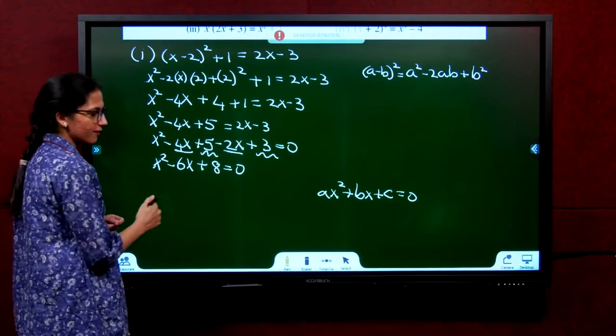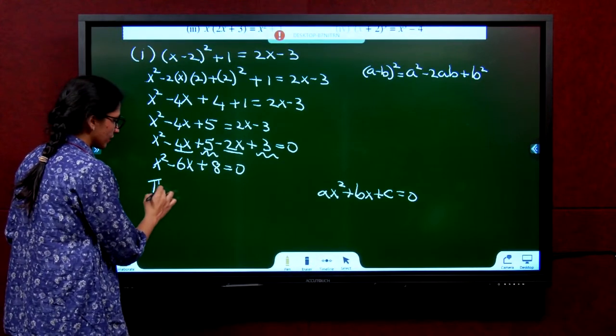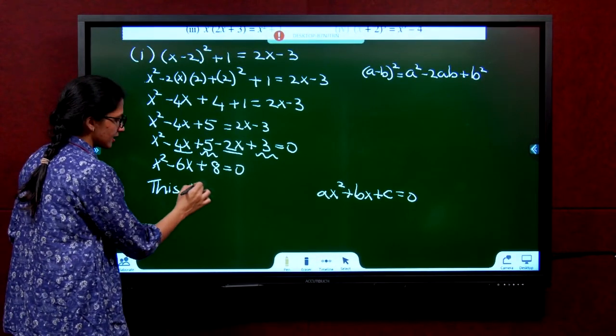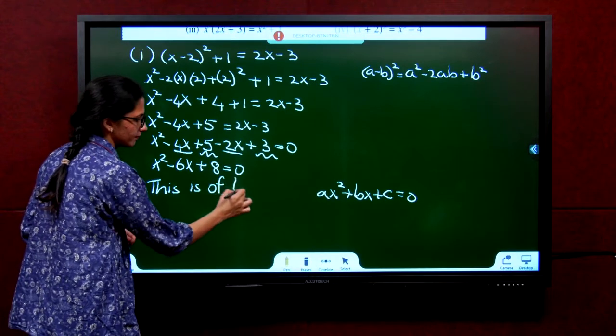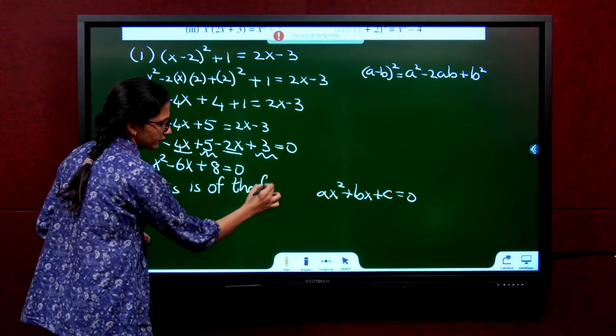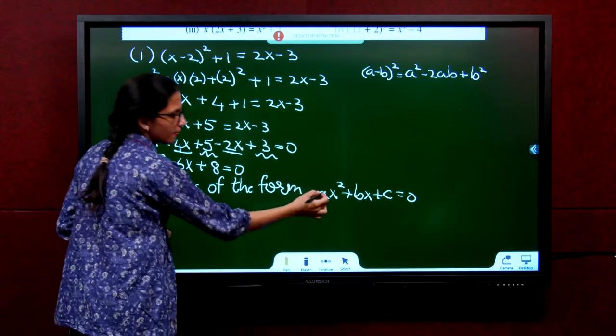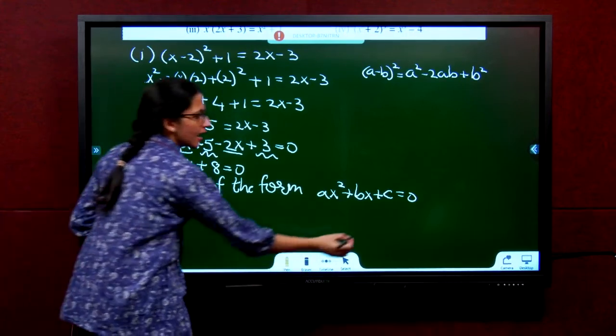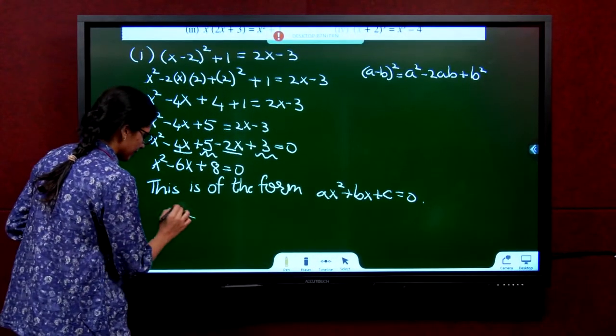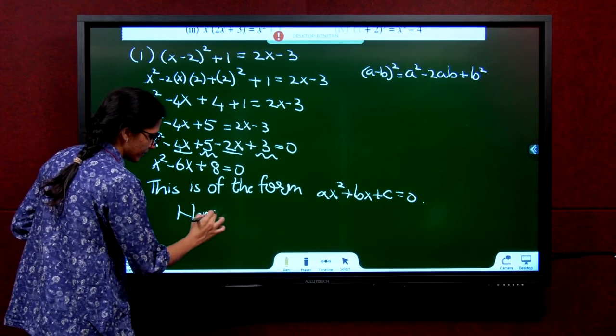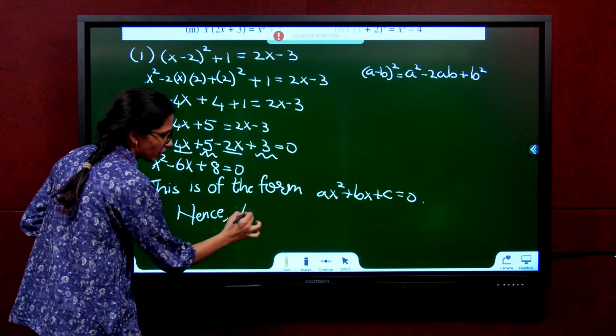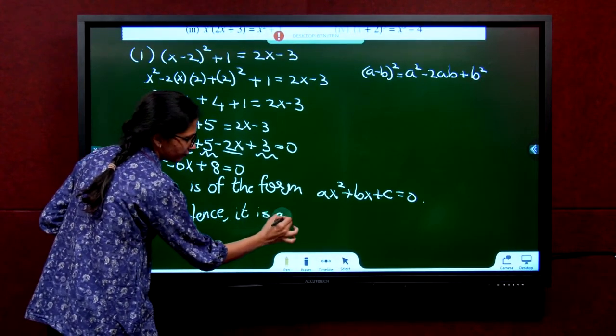It is of the same form. Therefore, you can say this is of the form ax square plus bx plus c. Hence, it is a quadratic equation.